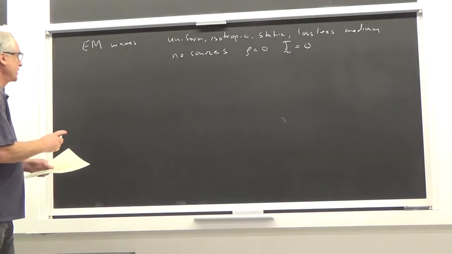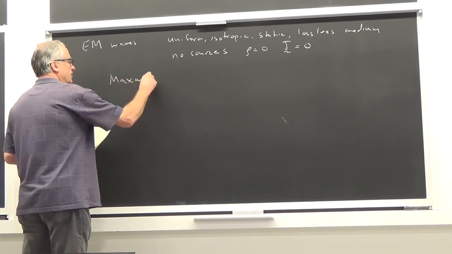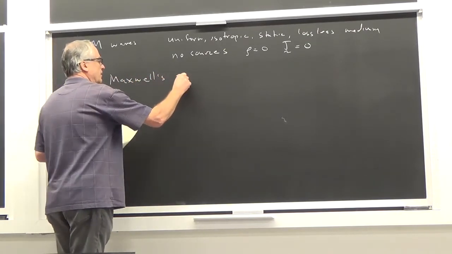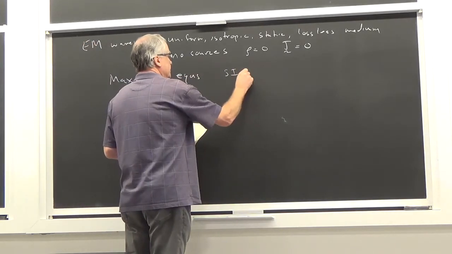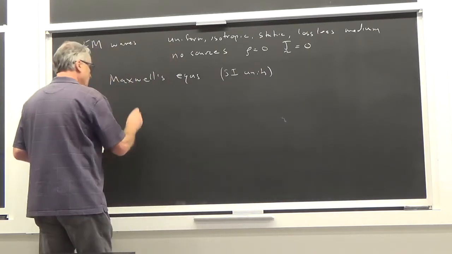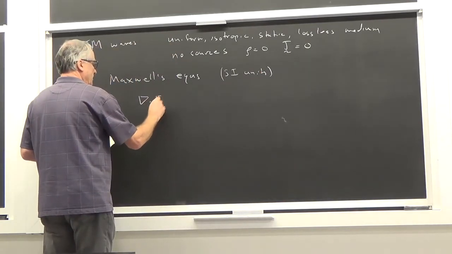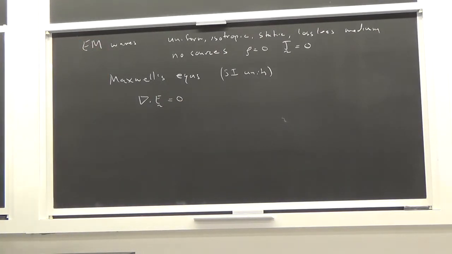So I've rewritten Maxwell's equations without the D and the H. Again in SI units. So del dot E equals 0.